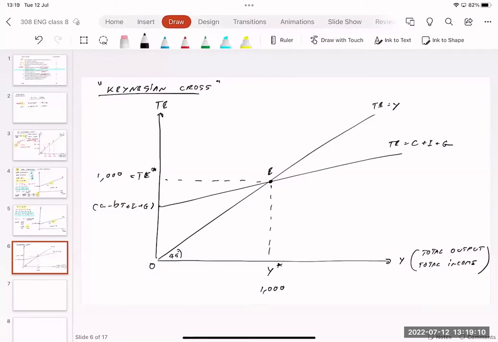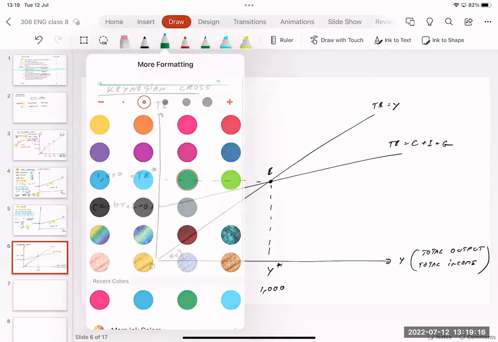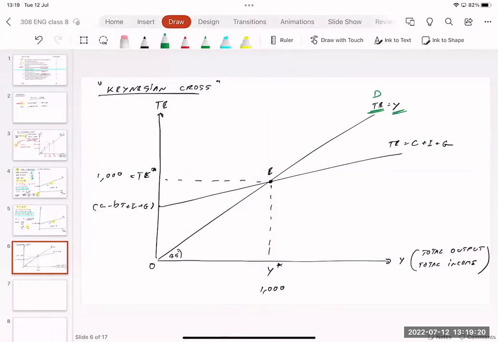As I mentioned before, TE total expenditure is just like demand. Y as total output is just like supply. So at the equilibrium point, on the horizontal, this is like GDP, total output equal to 1,000. This is like supply.